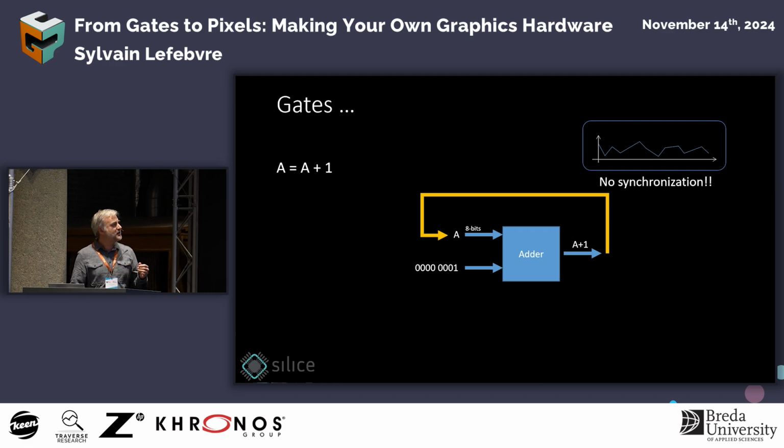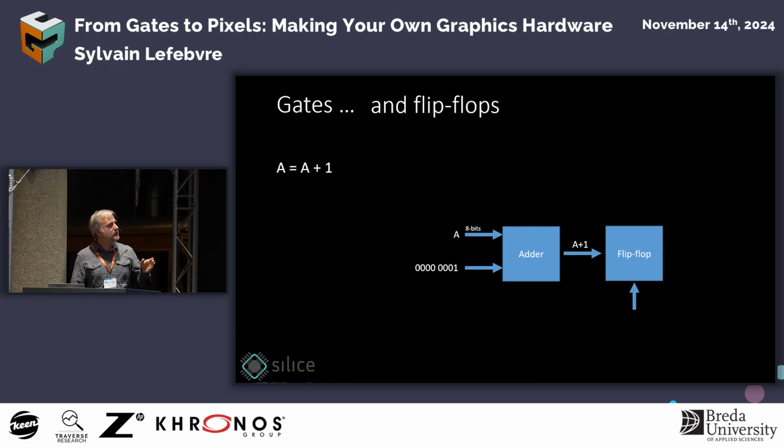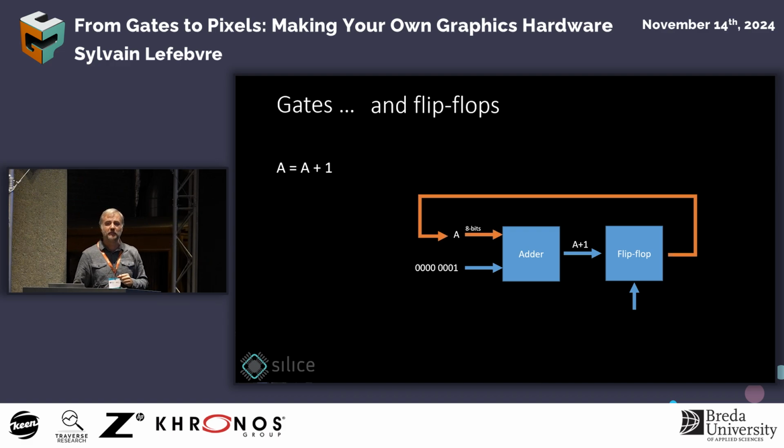All right, so to do synchronization, we are introducing a new component, which is called a flip-flop, and we're going to insert the flip-flop on the output of the adder, and then loop back the output of the flip-flop to the input. So let's assume, for the sake of the example, that on these wires, we have bits that are creating the number 131. Right?